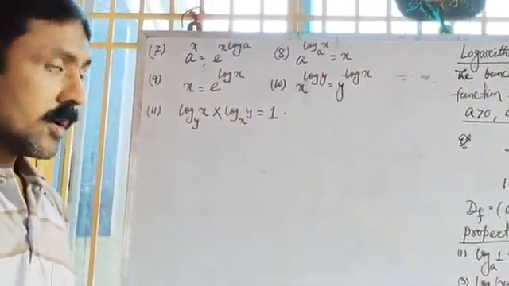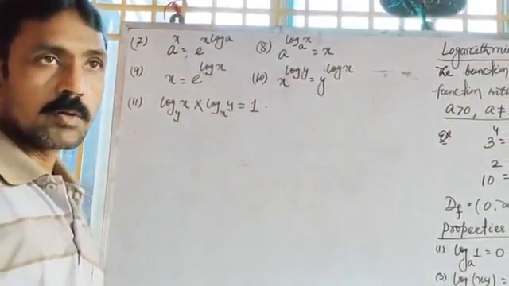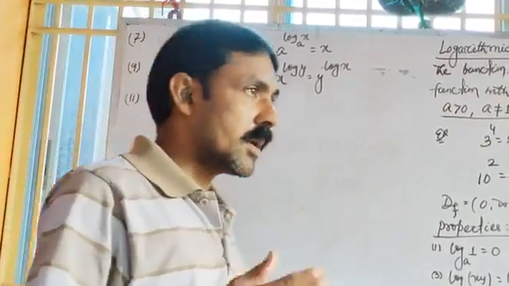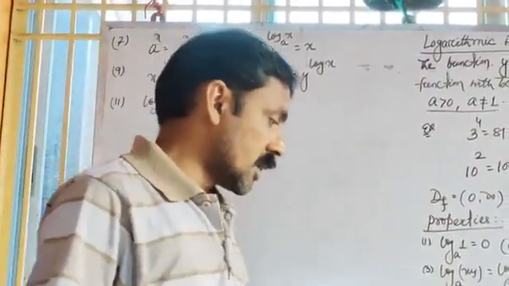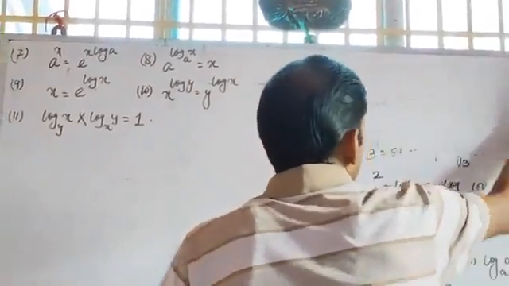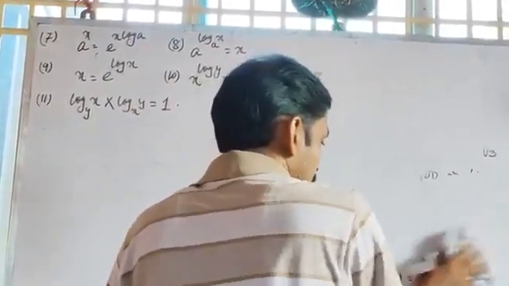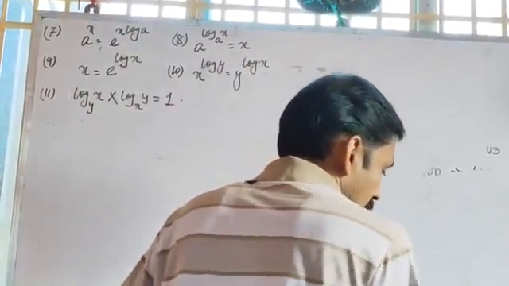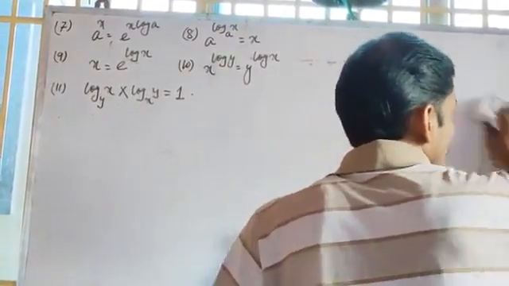So now mainly we will discuss these two, the exponential and logarithmic function, and their derivative, integration, etc. As I told you, in continuity we require limits, and in class 11 we discussed how to evaluate limits.